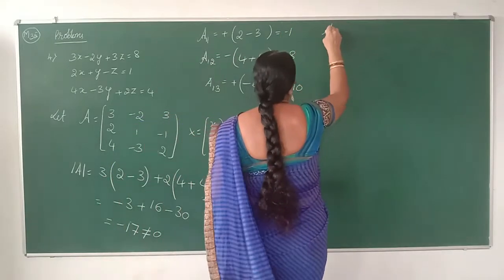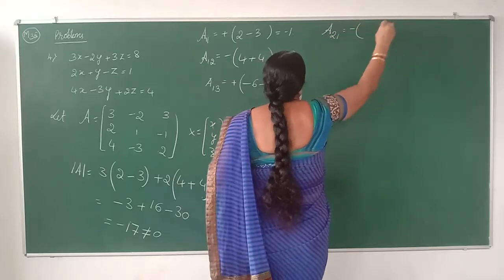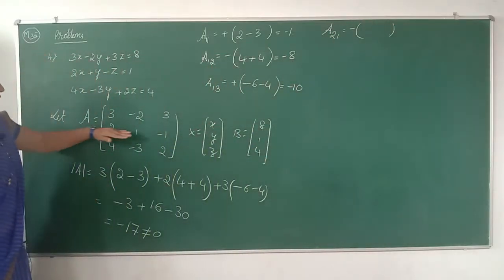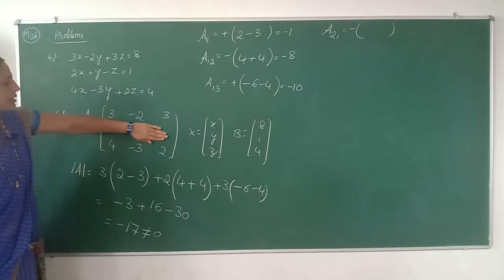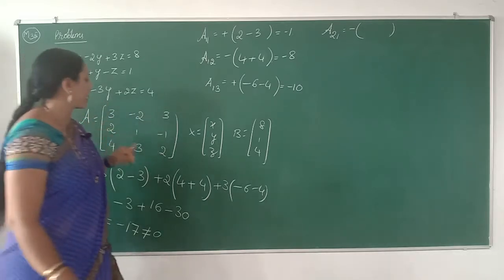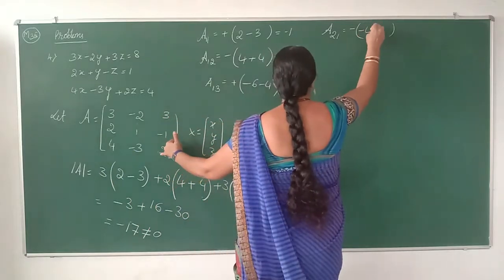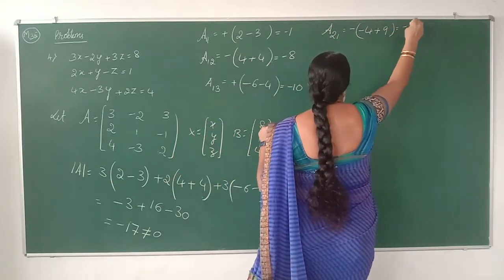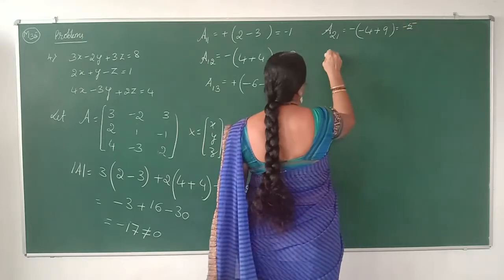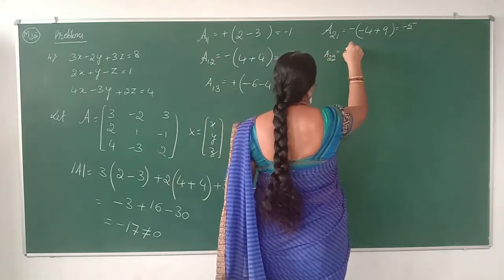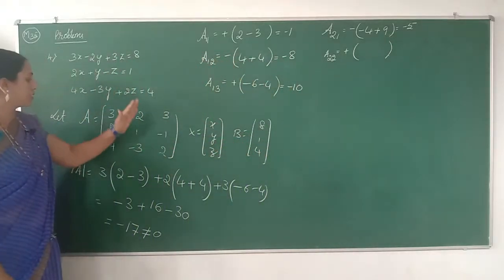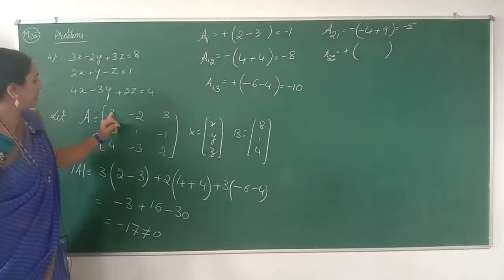Then A21. A21 is multiplied by minus, and it's an element of second row, first column, and these get neglected. Remaining are minus 4 plus 9 equals 5, into minus is minus 5. Then A22, multiplied by plus, an element of second row, second column, and these get neglected.